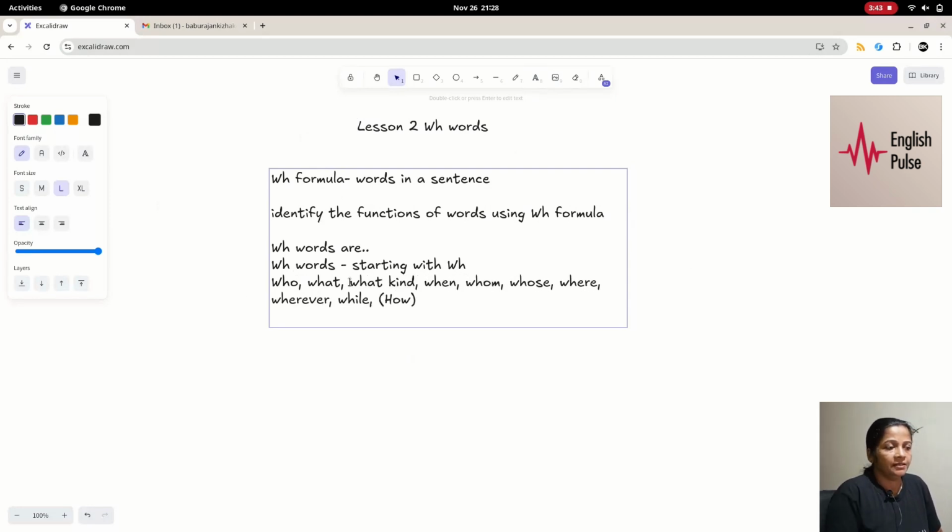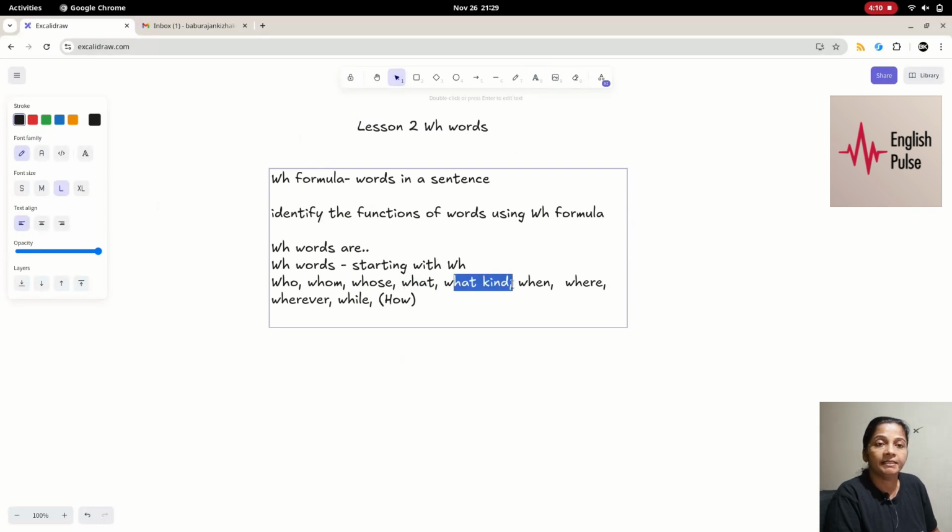So these are the most common WH words, like who, what, what kind, when, whom, whose. You see whom, whose goes with who. It's better we put whom, whose together, because all of this talks about persons. What and what kind are about objects or things.